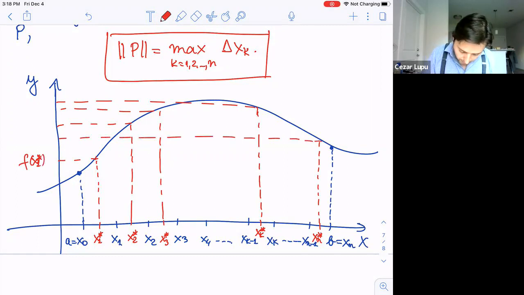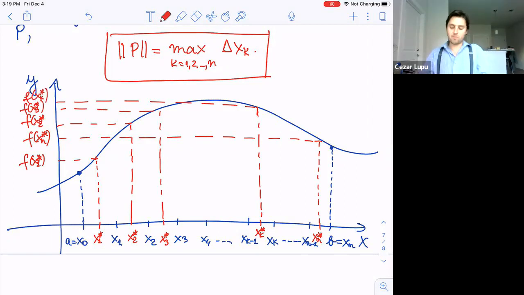This would be f of x1 star. This will be f of xn star, as you can see. Then I'll have f of x2 star if you want, f of x3 star, and here I'll have f of xk star. Okay, I hope the picture makes sense.